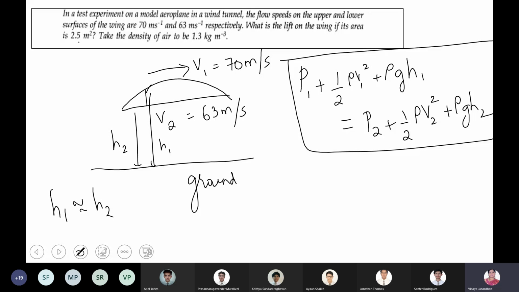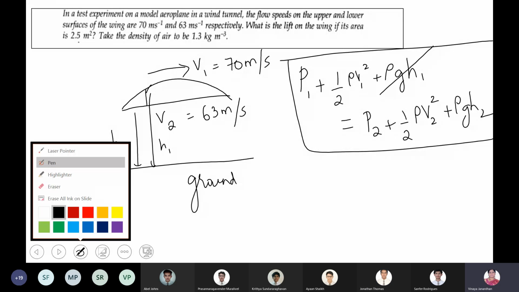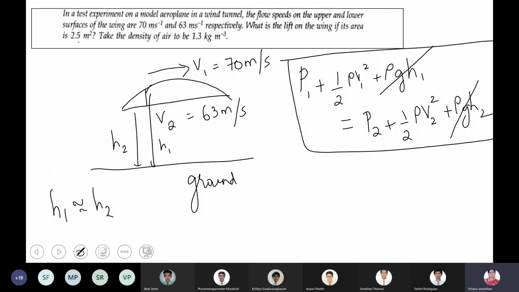If I do this, then what happens to these two terms? They will cancel. Then what is left? P1 plus half rho V1 squared is equal to P2 plus half rho V2 squared.